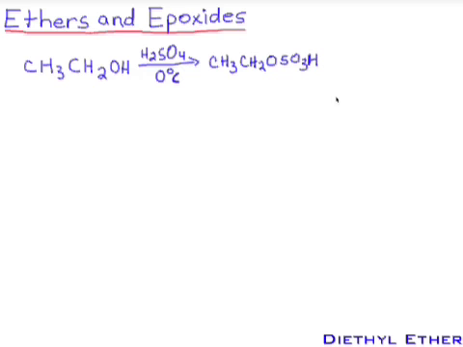And ethyl hydrogen sulfate, when reacted with ethanol at 140 degrees C, converts to diethyl ether.